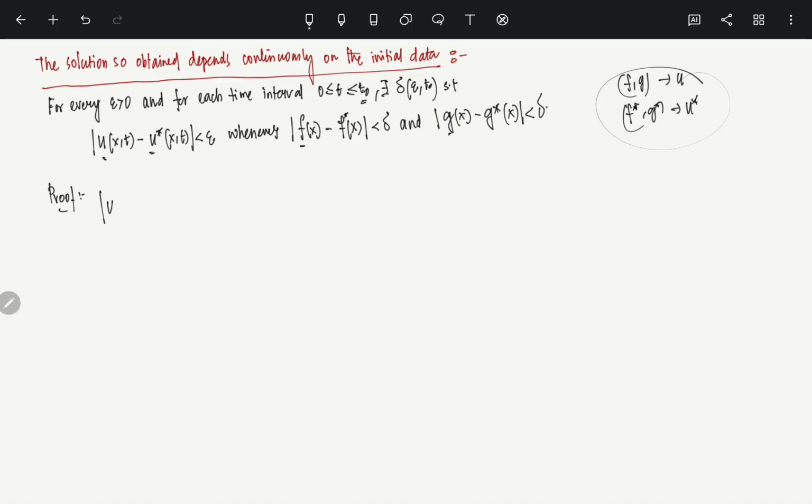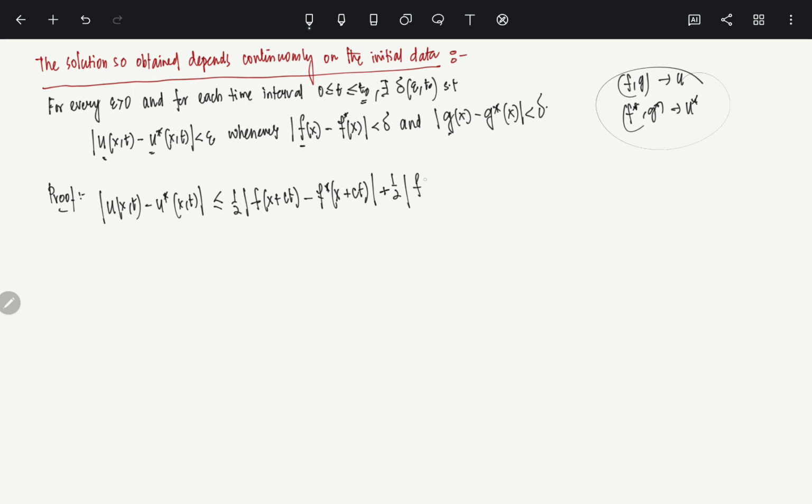So you see, the modulus of u(x,t) minus u star(x,t) can be dominated by half times the integral, f of x plus ct minus f star of x plus ct, right, plus half of, so I will just put modulus everywhere, right?